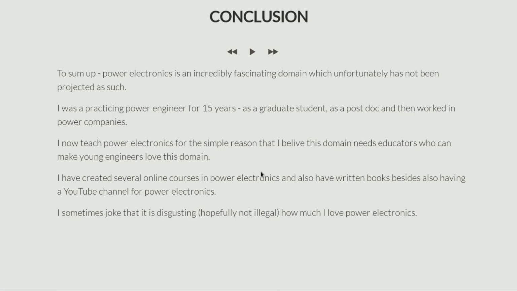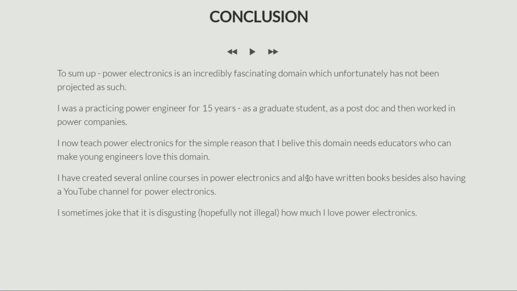So, I hope this course has helped you in knowing what power electronics is all about. If you still have any doubts, feel free to contact me. Feel free to ask me your doubts, and I'll be happy to answer in whatever way I can.